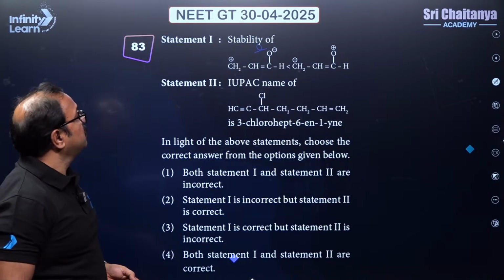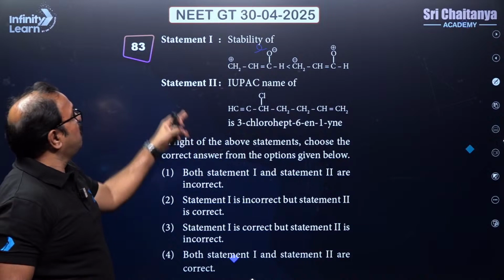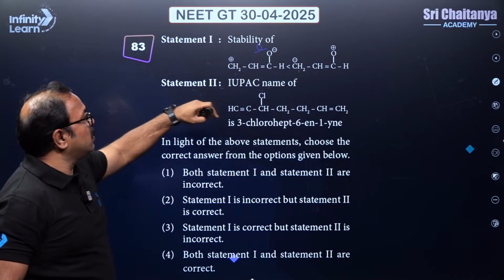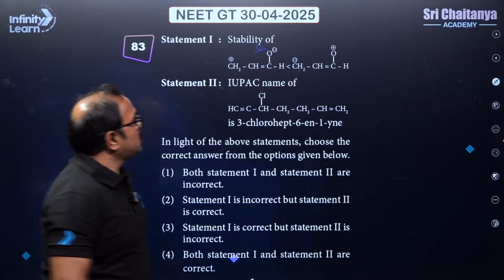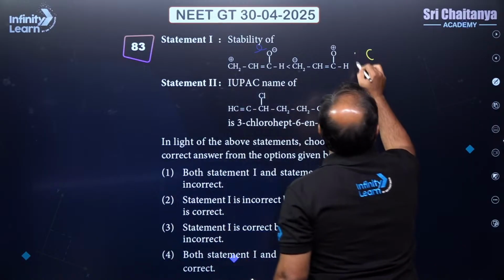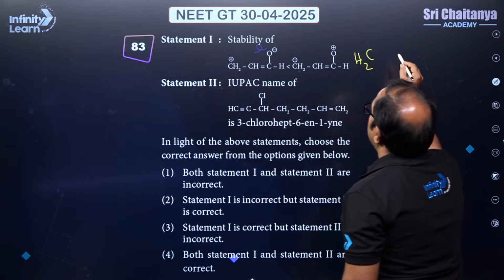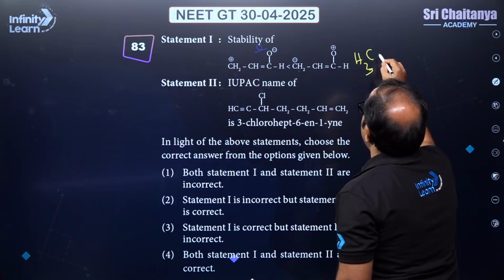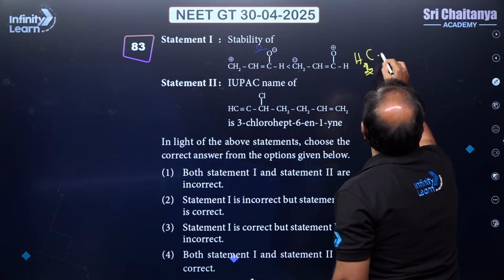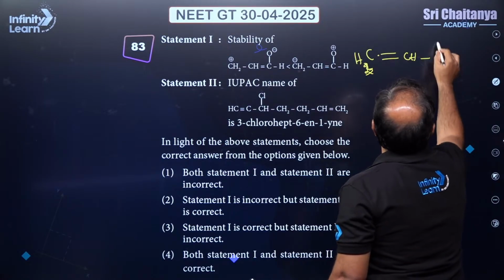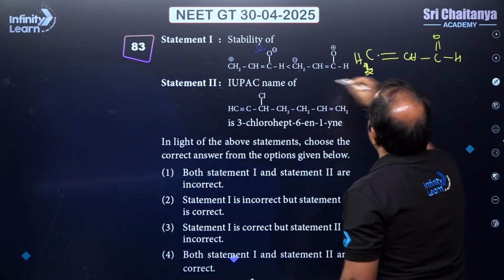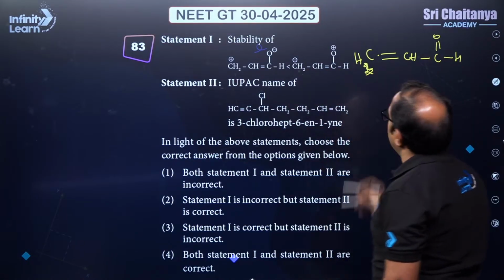Okay, next. Stability of the first cation. Of course this is a statement type question, not assertion reasoning. This neutral molecule, perhaps I can represent this as CH2, this is CH3. So this is CH2 double bond CH, C double bond OH, because based on the resonance pattern we can understand this.